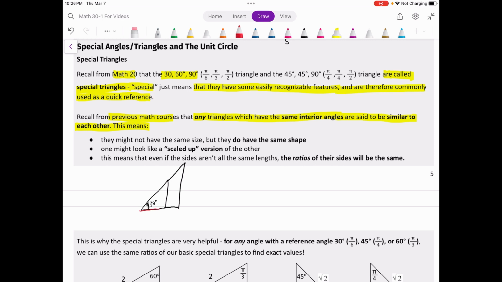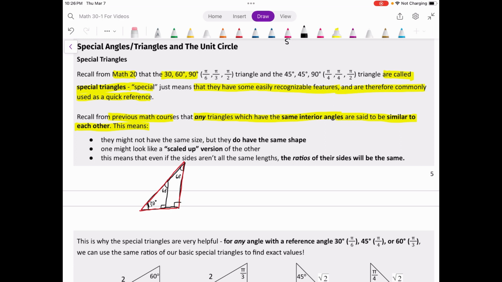I'll do it in a different color so you can see it. That bigger red triangle still has an angle here of 30 degrees. If this is 90, then this is 60, since 180 minus 90 minus 30 leaves us with 60, right?